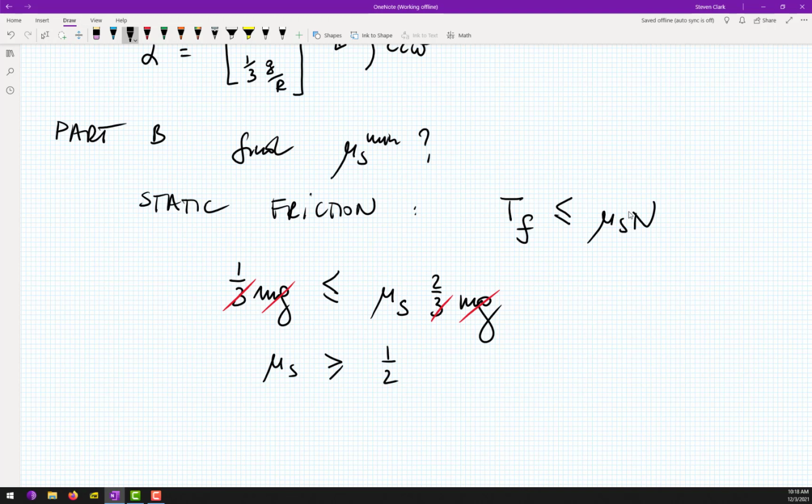They asked us to find the minimal value of mu(s), so it will be at the edge of that set. So our mu(s) min will be equal to 1/2. So this is the answer to part B.